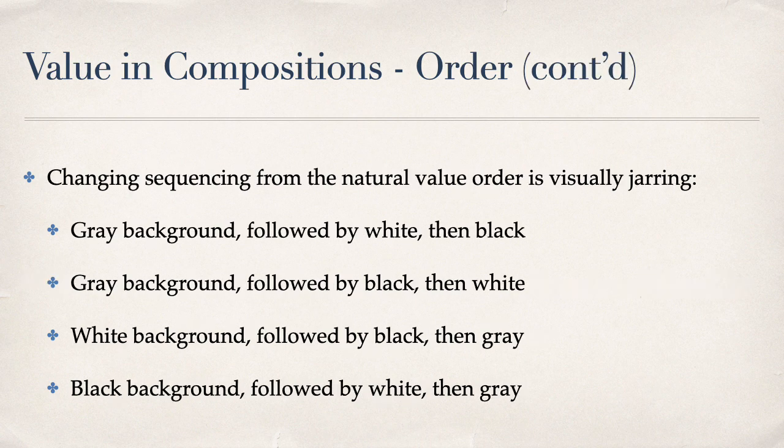Changing the sequencing from the natural value order is visually jarring to the eye. Some examples of this change would be a gray background followed by white, then black; a gray background followed by black, then white; a white background followed by black, then gray; and a black background followed by white, then gray.